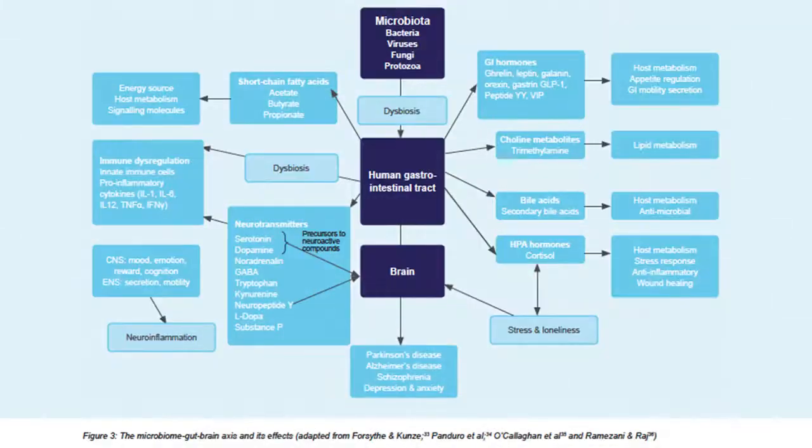This gut-brain axis is a very complex process. I've tried to simplify the idea that the microbiome becomes dysbiosed, pathogens start to release neurotransmitters that are dysfunctional, they enter the vagus and the HPA axis, and eventually cause neuroinflammation. But the process is much more complex than that.